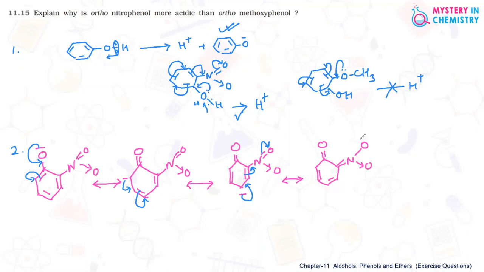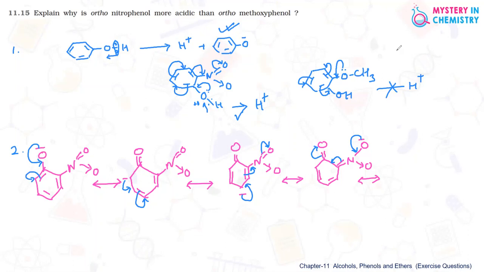And by this, a negative charge appears over here. So in the next structure, we have to shift the charge of the oxygen, and it comes over here, and this bond is shifted in between these two carbon atoms, and this electron pair is going back to oxygen.